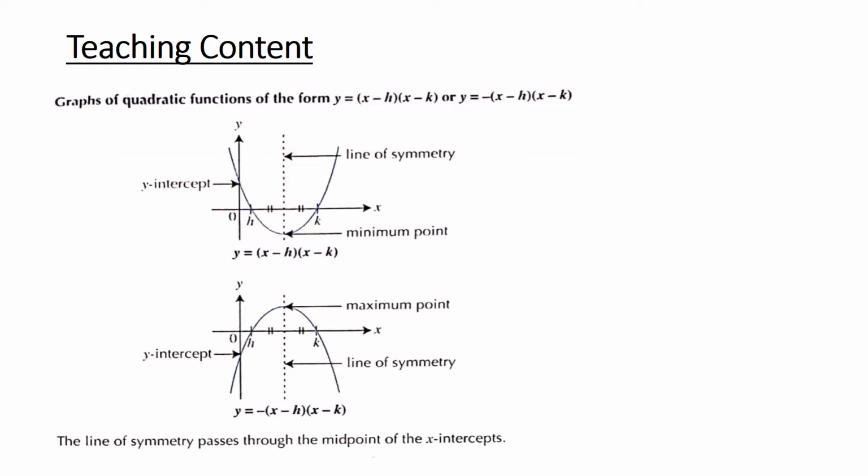Also this graph has x-intercepts h and k, that is the curve will pass through the x-axis at x equals h and x equals k. The line of symmetry passes through the midpoint of the x-intercepts.